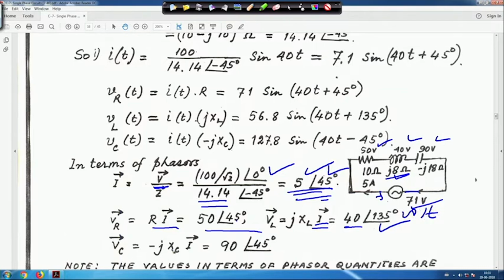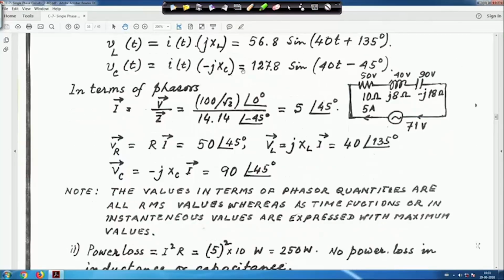Similarly, Vc is equal to minus JXC into I; because of minus, the angle is minus 90 degree. So minus 90 plus 45 degree is minus 45 degree volt. This is your Vr, this is your VL, and this is your Vc. I have already explained how one should take this. That is why this example is taken, such that the maximum value and RMS value concepts will be cleared.